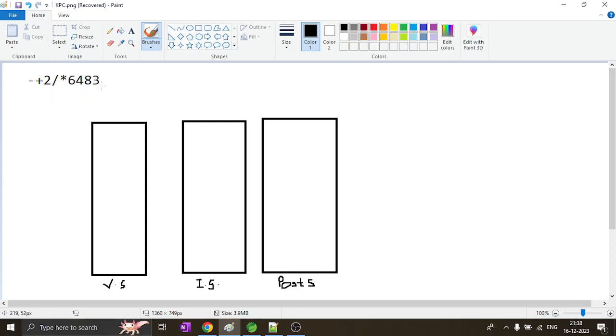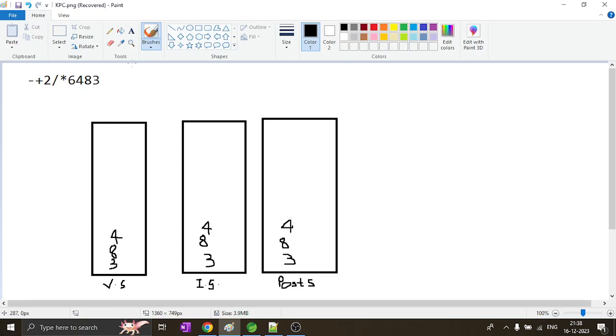We first encounter an operand, so we push that operand 3 into all these stacks. Then we push 8 into the stack. Then we push 4 into all these stacks.